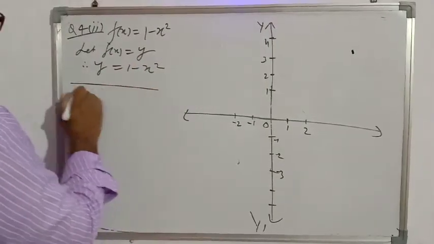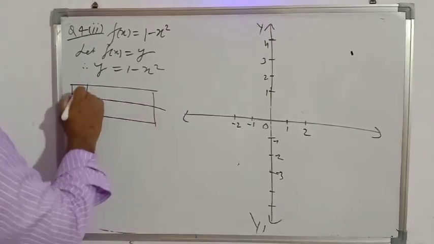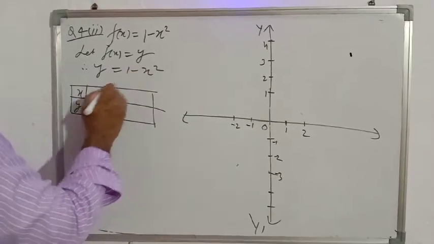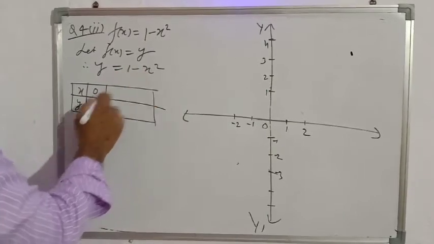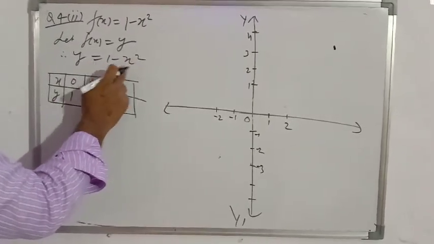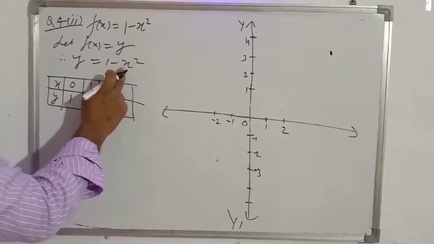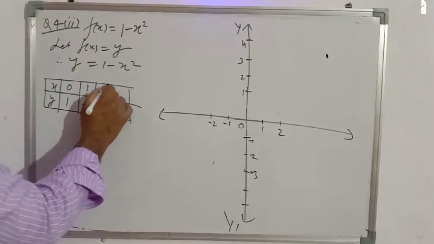If we make the table, x and y: suppose x is 0, what will be y? 1 minus 0, 1. x is 1, 1 square is 1, 1 minus 1, 0. x is minus 1, minus 1 whole square is again 1, 1 minus 1 will be 0.